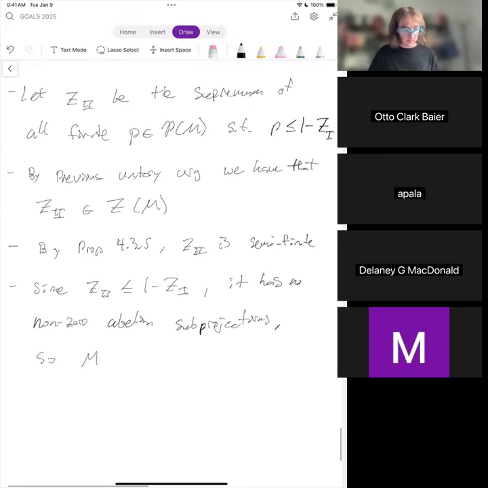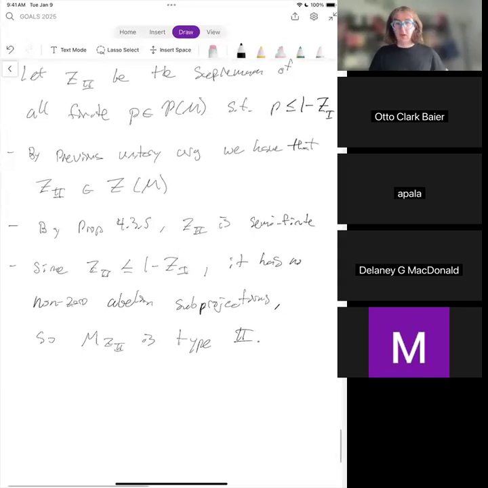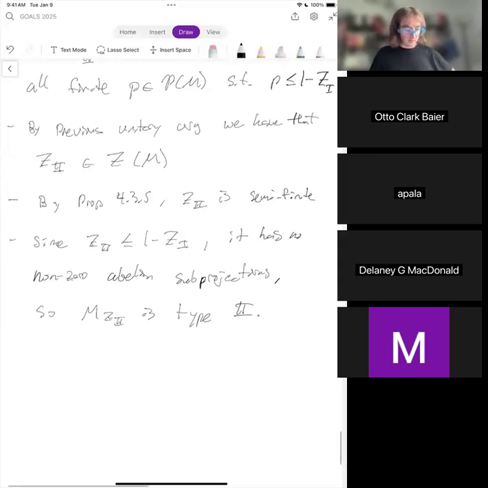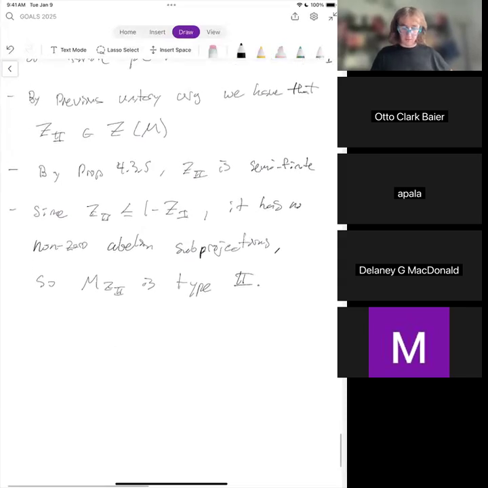And so that means MC2 is type 2. Okay. And so then we just have the type 3 to deal with.